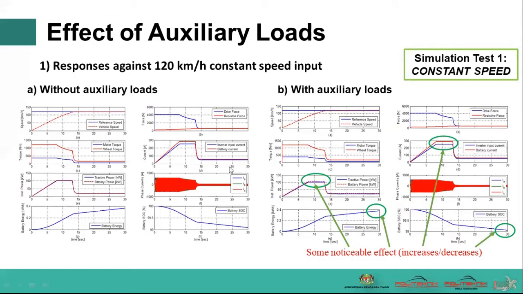For the effect of auxiliary load, we use a constant speed input of 120 km per hour, and we compare the result without auxiliary load and with auxiliary load. Only 4 parameters are affected. There is some noticeable effect that can be seen on the current, power, energy, and SOC plot.